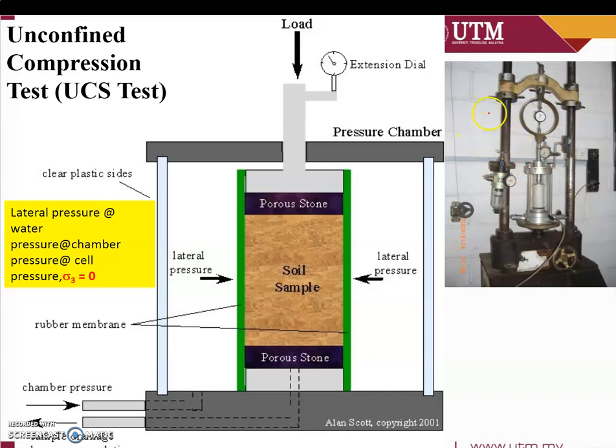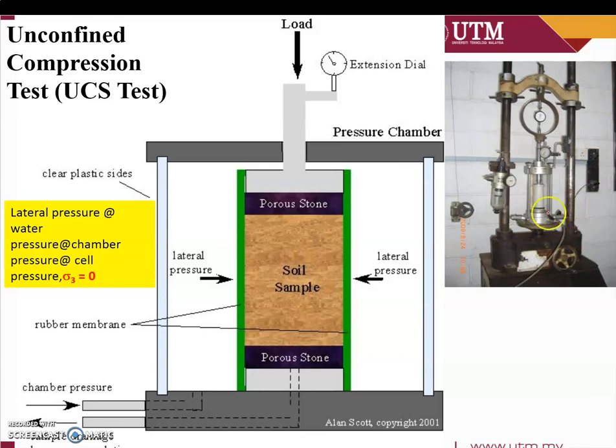First and foremost, of course, the soil sample. We put the soil sample inside the pressure chamber. Outside the pressure chamber, we have the loading frame. The whole system is a combination with the loading frame.